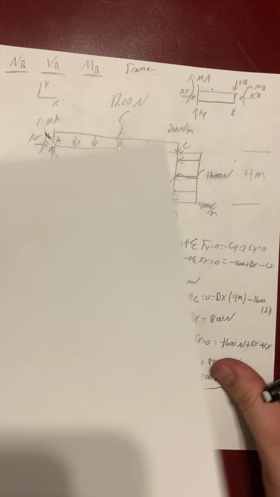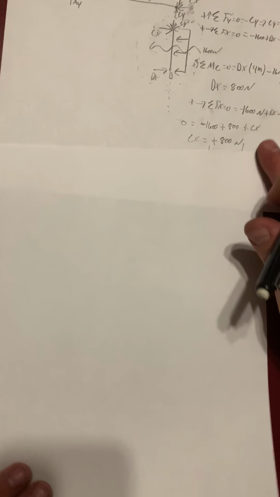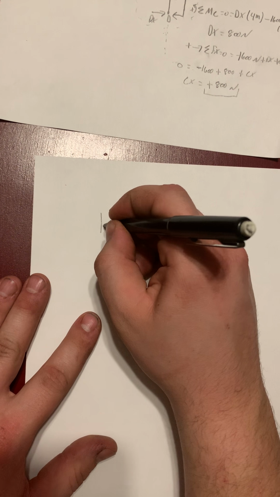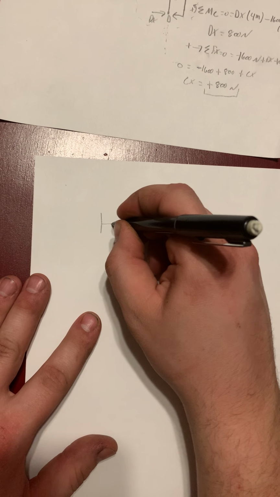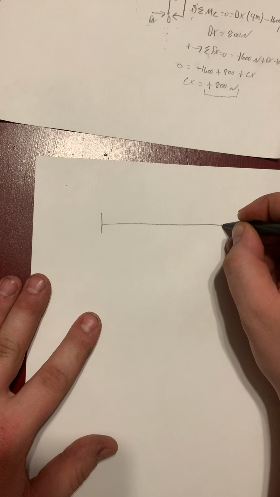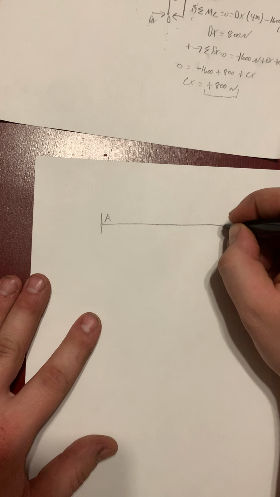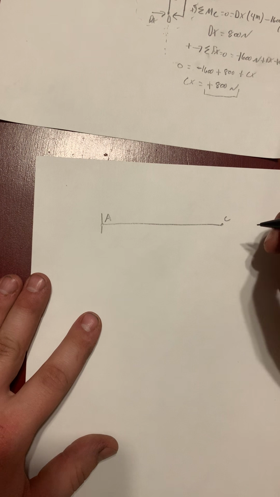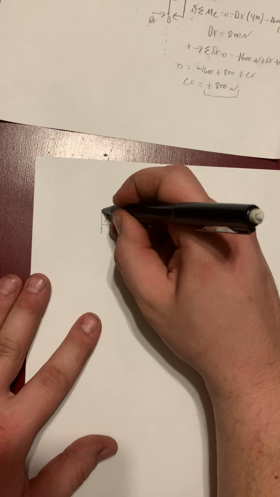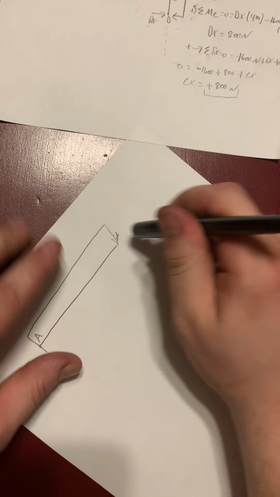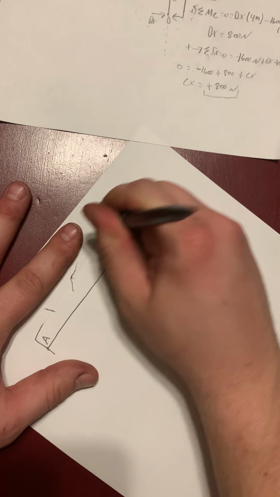So now, let's draw one more time our horizontal beam. We say that we have this beam here. It starts at A, and it goes to C. We have a distributed load, which actually is horizontal.